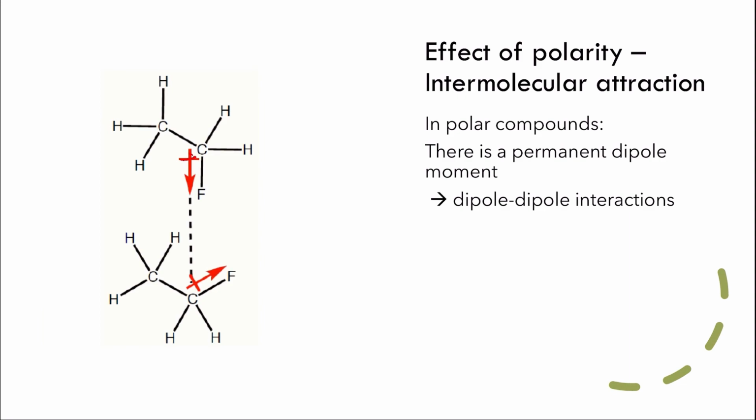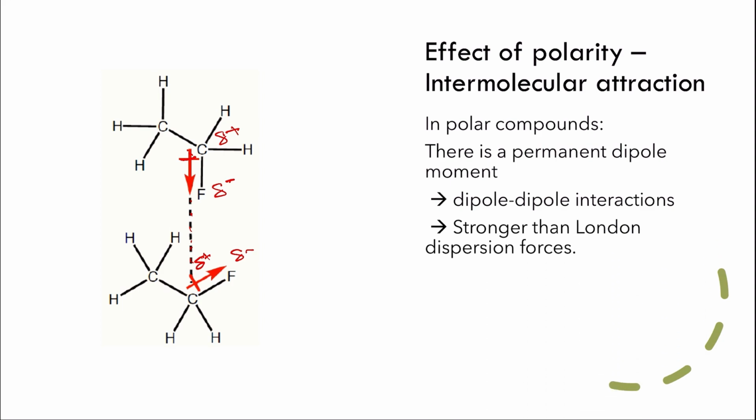If we have a dipole moment here, a partial positive charge on the carbon and a partial negative charge on the fluoride as a halide, and then on the other side, in the other compound, we are also going to have a partial positive on the carbon and a partial negative on the fluoride, and there will be a dipole-dipole interaction between the partially positive and the partially negative atoms on the two different molecules. That creates a dipole-dipole interaction, and this is stronger than the van der Waals interaction that we have found before in alkanes.